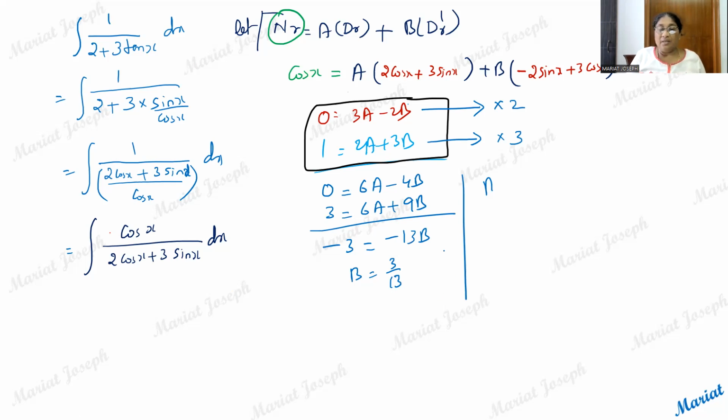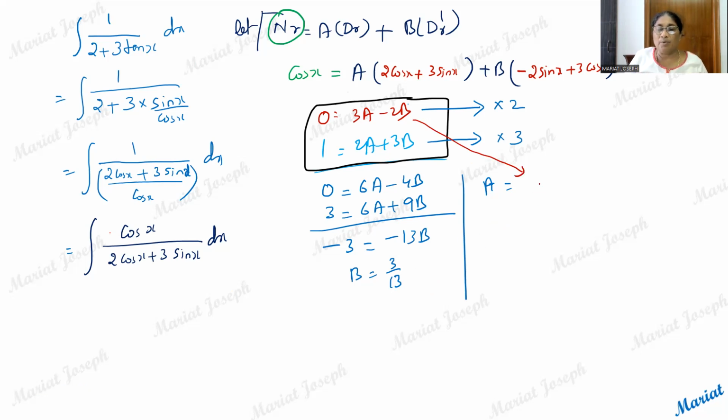And a is equal to what? Put that b there and get the a. We can put it in any of them. A is equal to 2b upon 3.